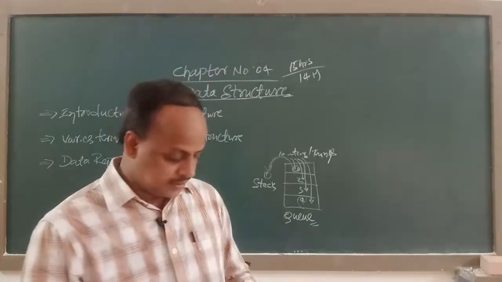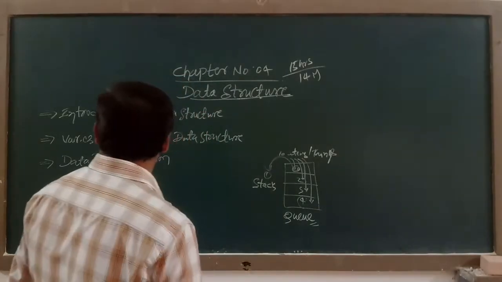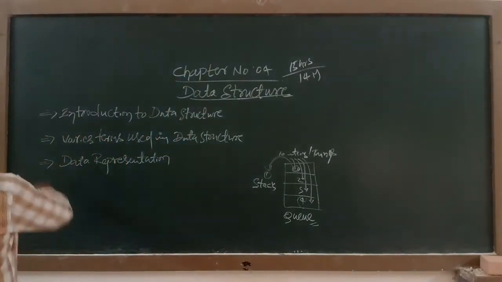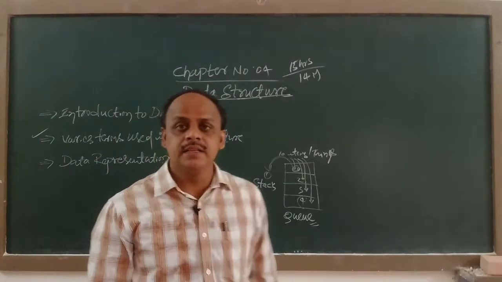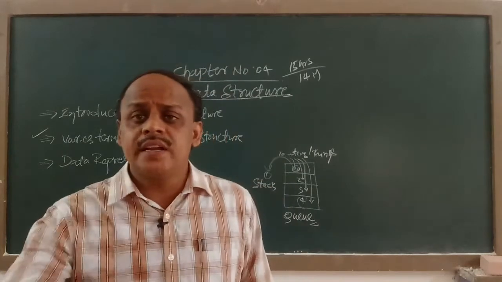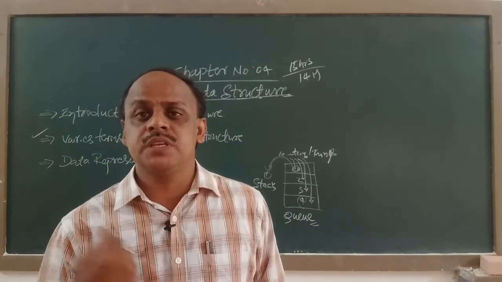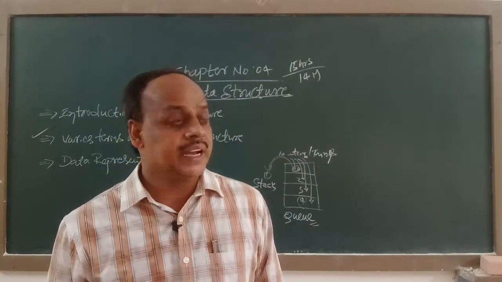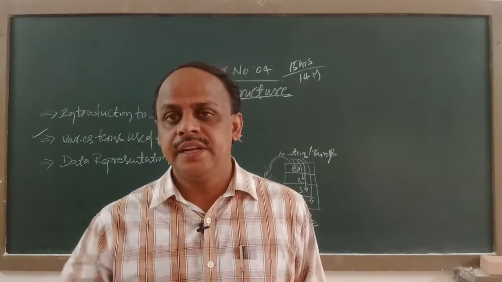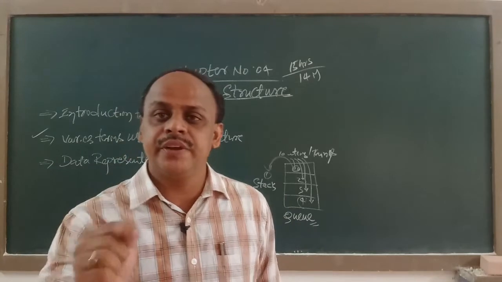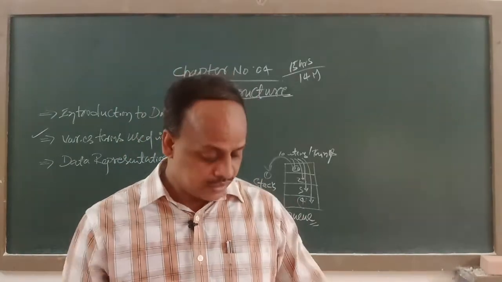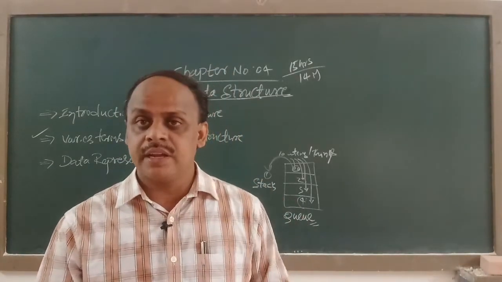And now let us see various terms used in data structure. What are the commonly used terms in data structure? You may get one mark questions: define record, define fields, define entity, define data, define information.